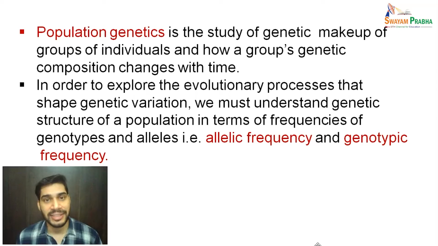Population genetics is the study of the genetic makeup of groups of individuals and how a group's genetic composition changes with time. In order to explore the evolutionary processes that shape genetic variation, we must understand the genetic structure of a population, and this structure has to be understood in terms of frequencies of genotypes and alleles, which in other words means the allelic frequencies and the genotypic frequencies.